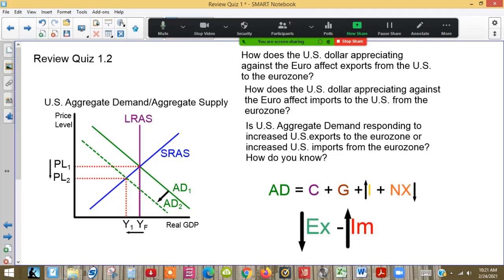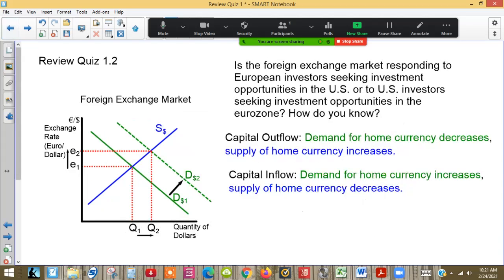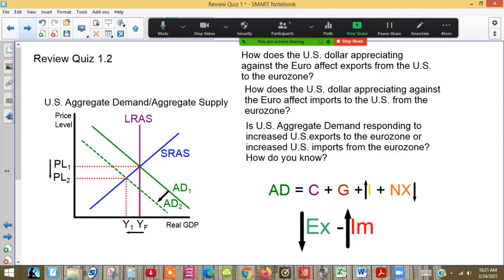Well, if our dollars are becoming more expensive, which is what's happening here, so euros buy fewer dollars, or you can think of it as it takes more euros to buy $1, then Europeans are going to find U.S. goods more expensive. So they'll buy fewer U.S. goods. So our exports to the Eurozone will actually decrease.